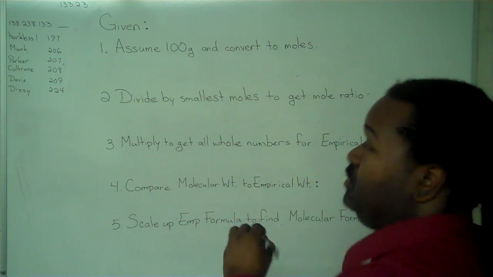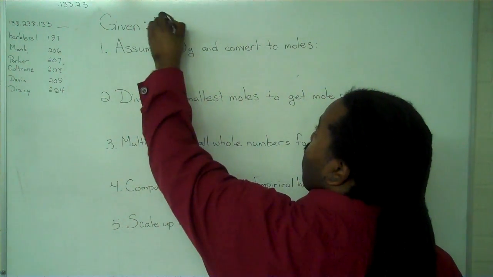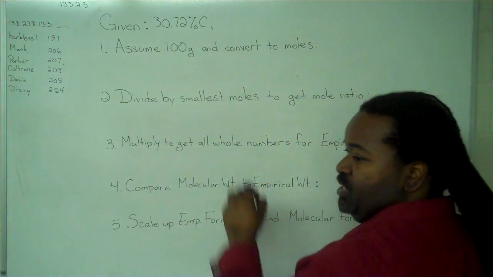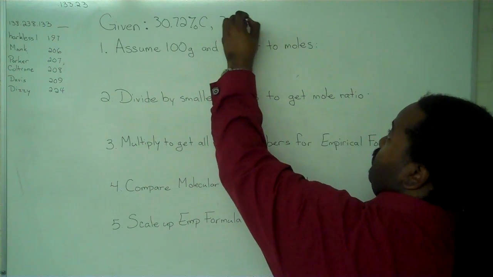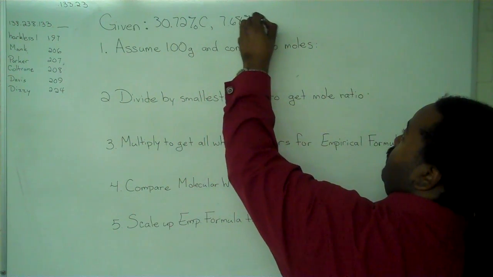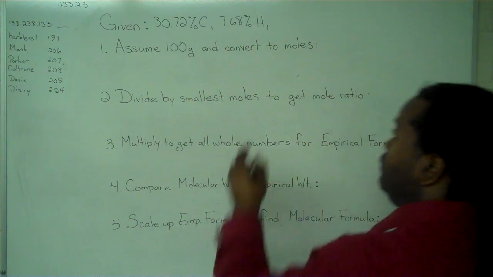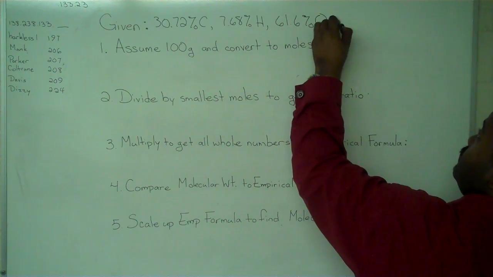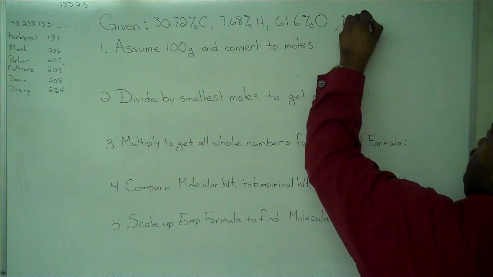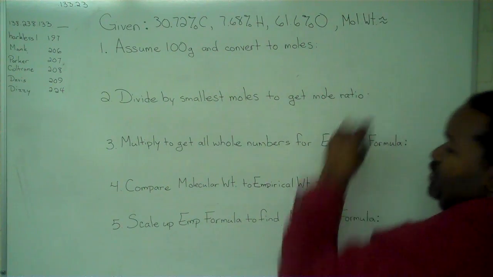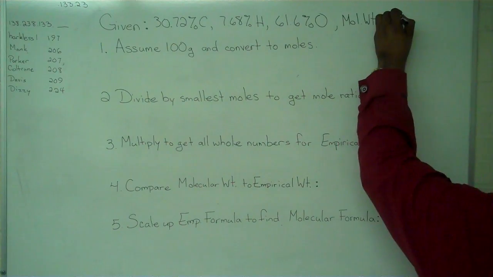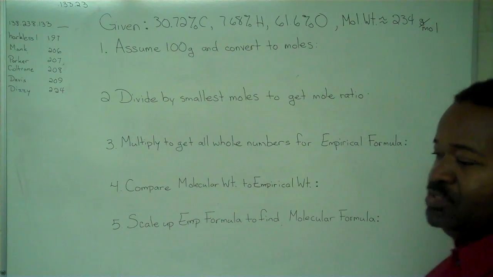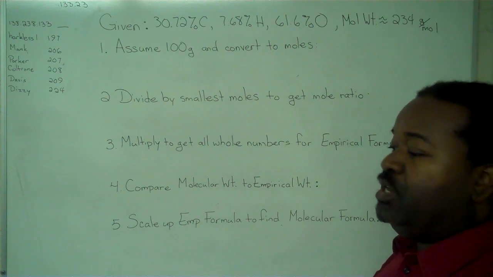So let's take the given values of 30.72% carbon, 7.68% hydrogen, and the remaining percentage, 61.6%, is oxygen, with a molecular weight that's recorded as being around the value of 234 grams per mole. This is enough information to actually do the entire thing.